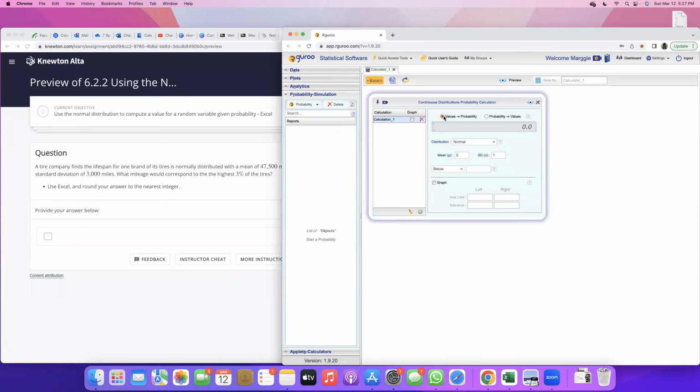Something that I need you to notice is these 2 things here. This one says values to probabilities, and this one is probability to values.